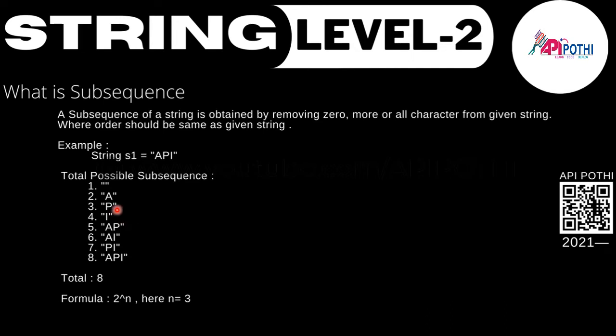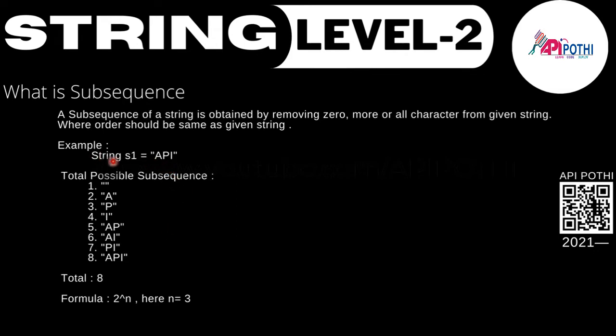So the definition goes like that. From the string, either you delete all the characters, or you don't delete any character, or you delete one character, or you delete more than one character. The outcome of these four things is called a subsequence.